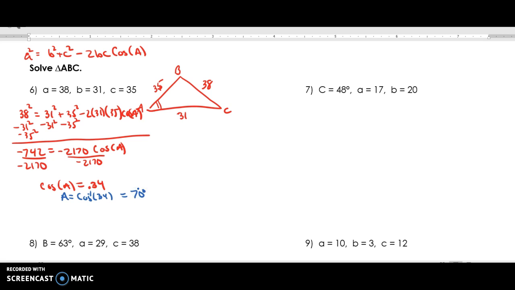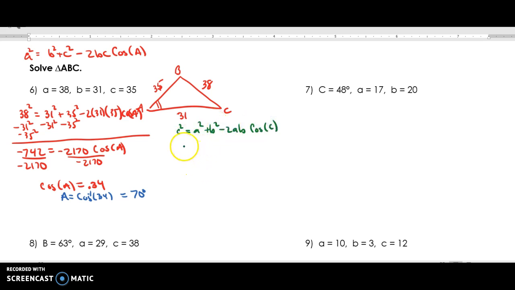Okay, I'm going to use something very similar to find C. So now if I'm looking for C, I'm going to use c squared equals a squared plus b squared minus 2ab times the cosine of angle C, right?